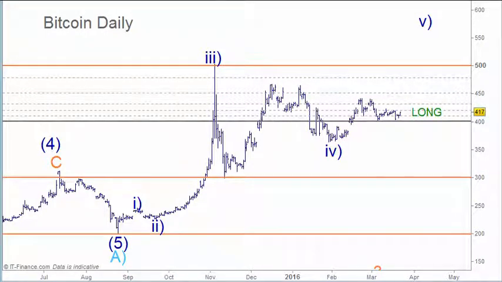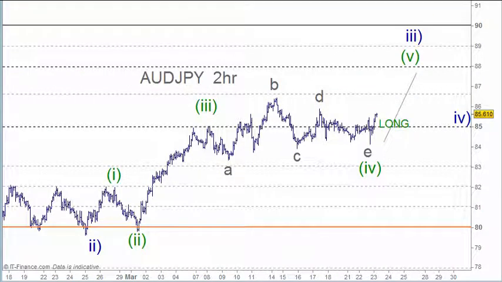Okay, moving on a little bit, and the Australian yen is also presenting a reasonable opportunity on the long side.